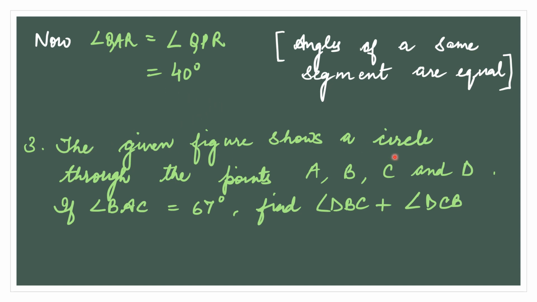In the given figure, the circle passes through the points A, B, C and D. If angle BAC is equal to 67 degree, find angle DBC plus DCB.